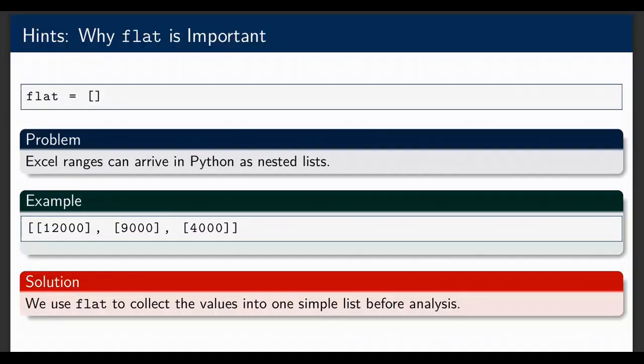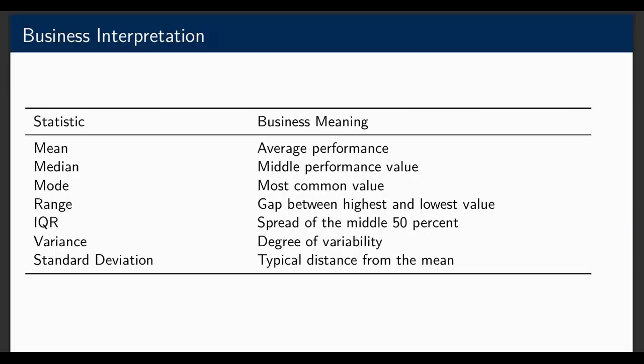Now, this part is for the interpretation of descriptives. Here we have the statistic, and here we have the business meaning. By mean we mean the average performance, and by median the middle performance value.